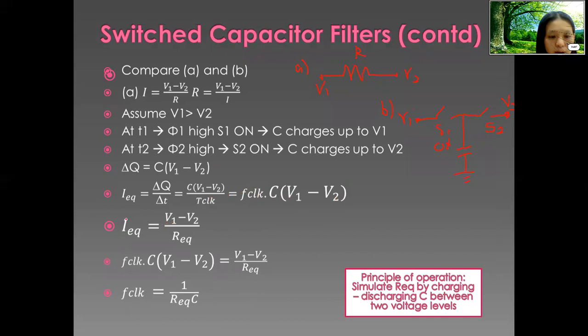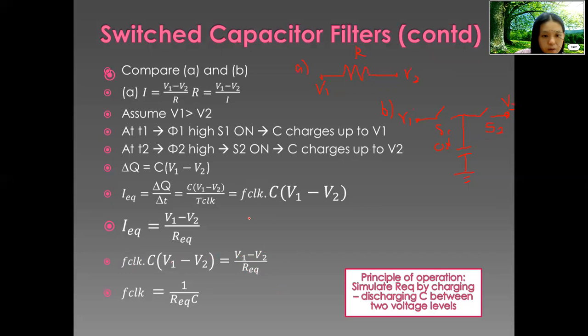And we know that we have Ohm's law. The equivalent current will be equal to V1 minus V2 voltage divided by the equivalent resistor. Then we will have F clock times C times V1 minus V2 equal to V1 minus V2 divided by R equivalent.